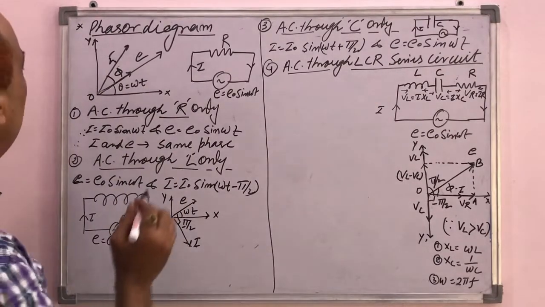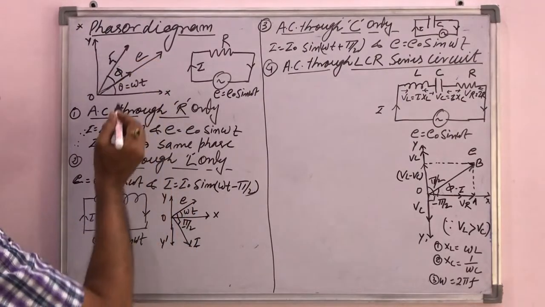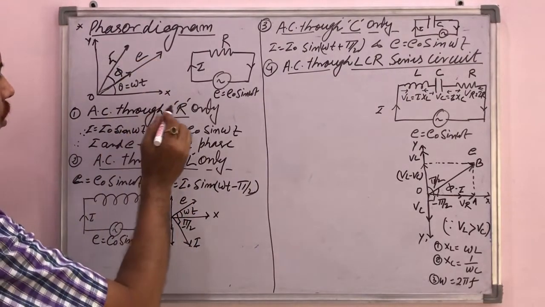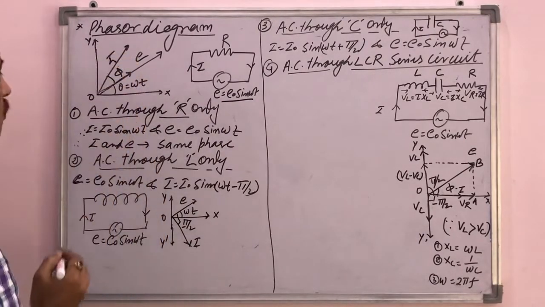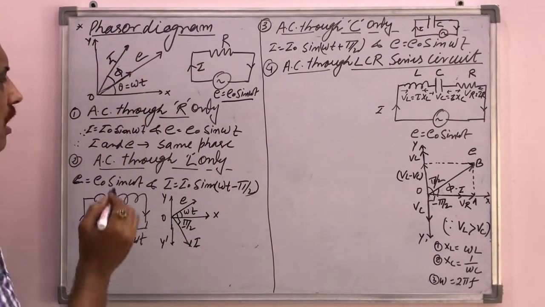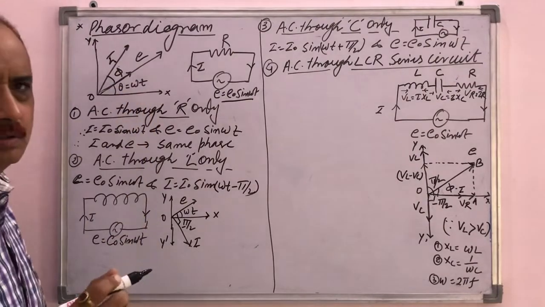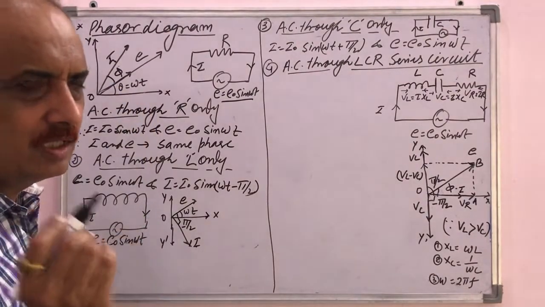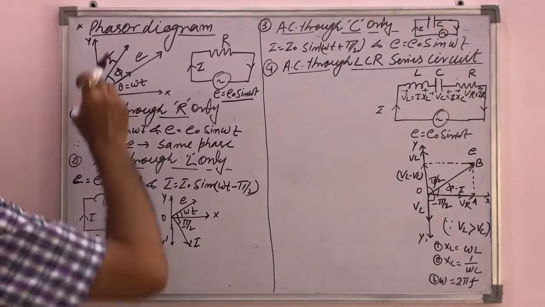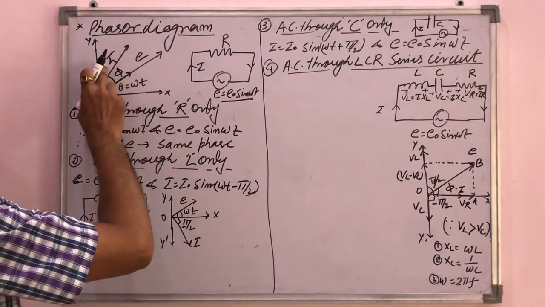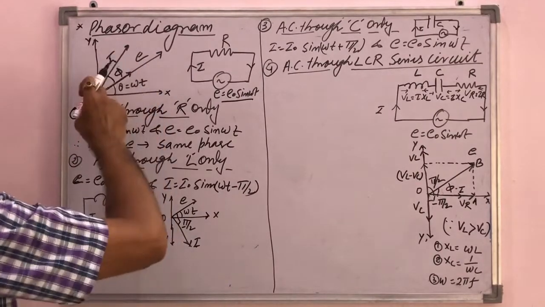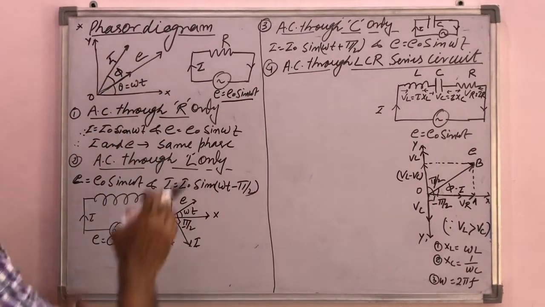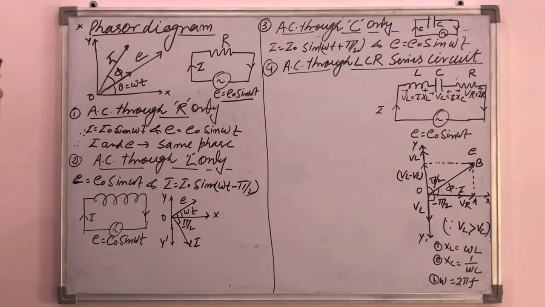In that condition the equation for E will be E equal to E naught sin omega t, and the equation for I in terms of the phase angle will be I equal to I naught sin(omega t plus phi). So phi is the angle between the alternating current and the alternating EMF. These are represented by the vectors, and this is the representation of the phasor diagram. Now this is the first point.